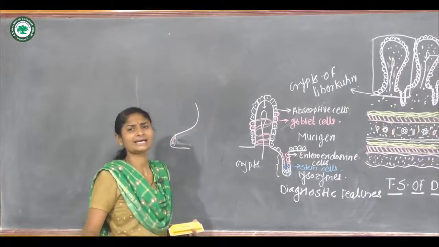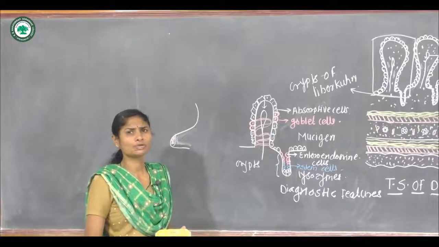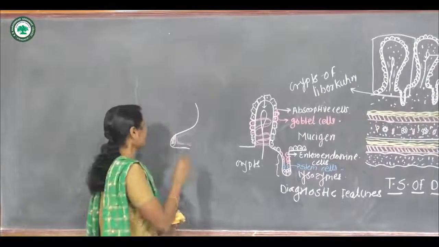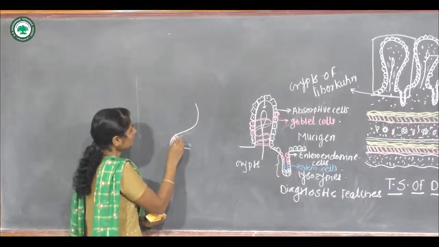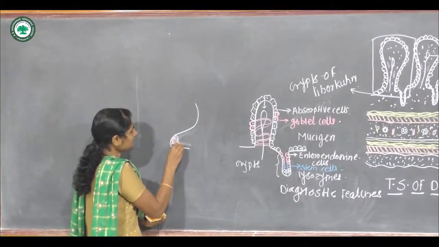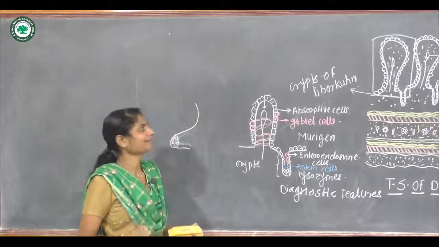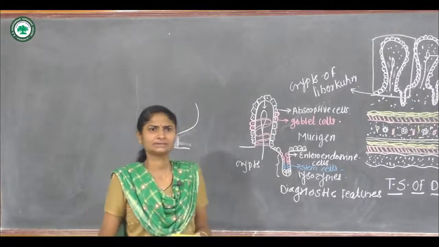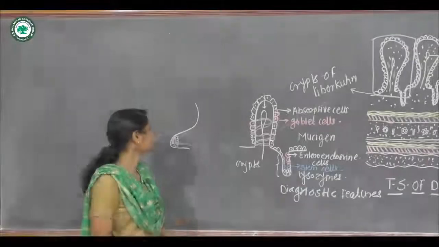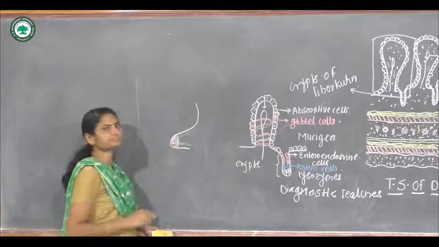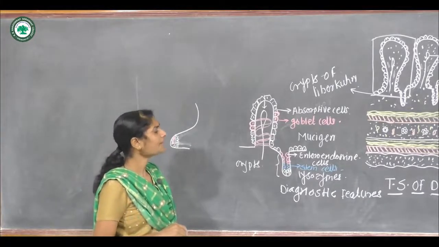This submucosa layer contains a large number of Brunner's glands, and the last layer is the mucosa layer, and this mucosa layer shows foldings, and the invaginations are called crypts of Lieberkuhn.